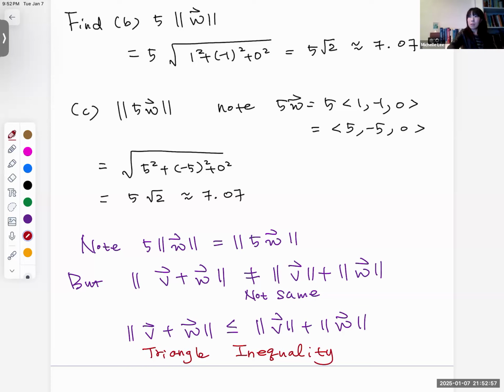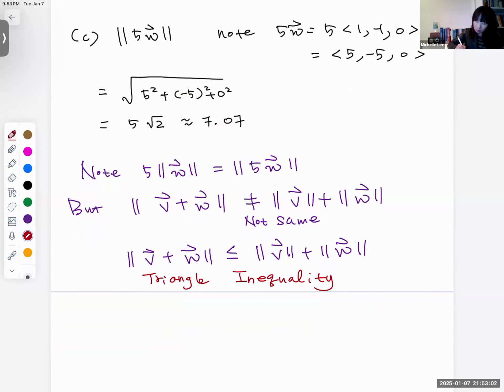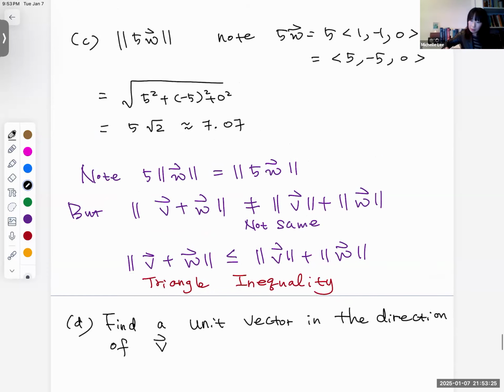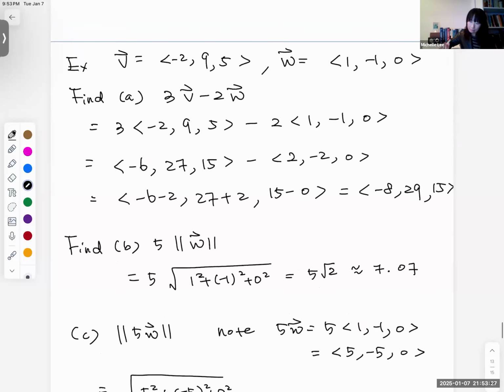Okay. The last one, let's do it. Find a unit vector in the direction of vector v. So vector v is this one.